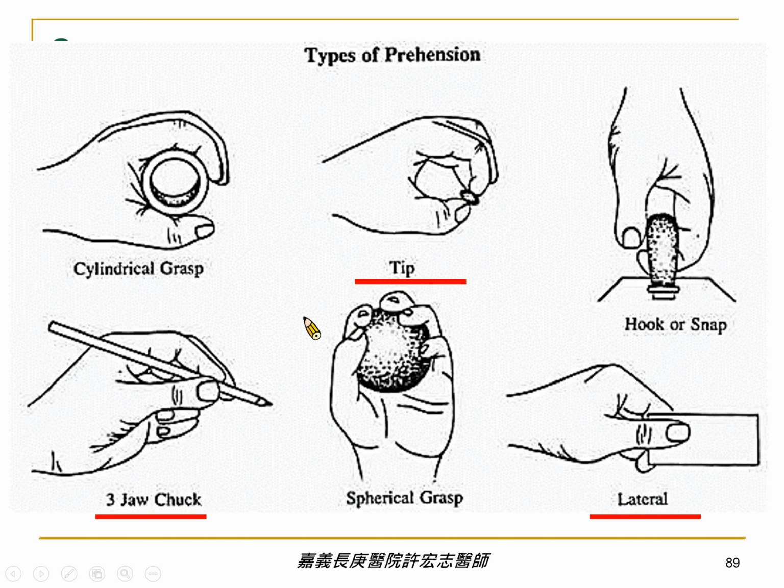Okay, let us see the second one. This is the prehension. We call that prehension. There are 6 types of prehension, but 3 of them are important. One is the tip prehension like this one, and this one is 3-jaw chuck. 3-jaw chuck is important for writing.